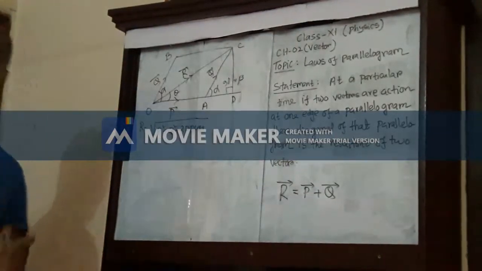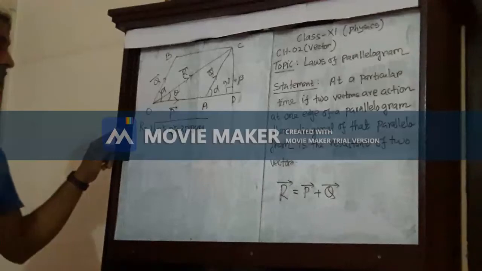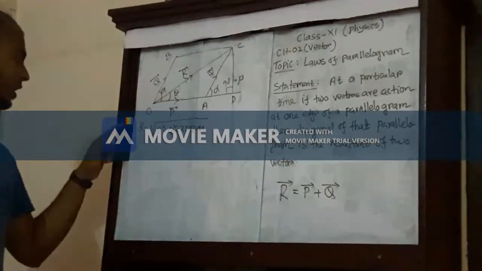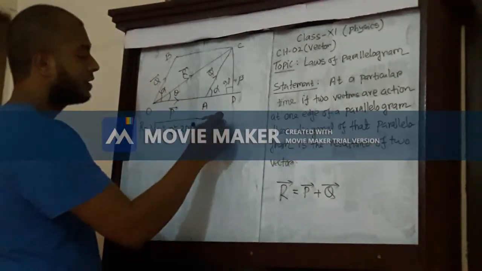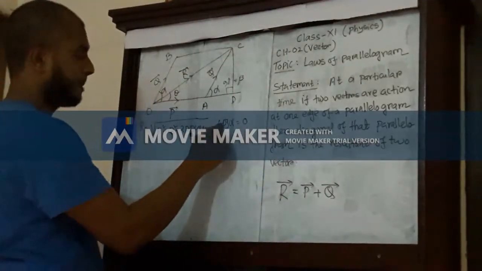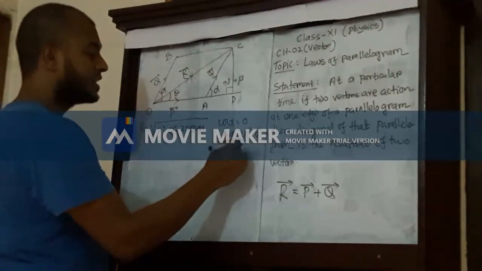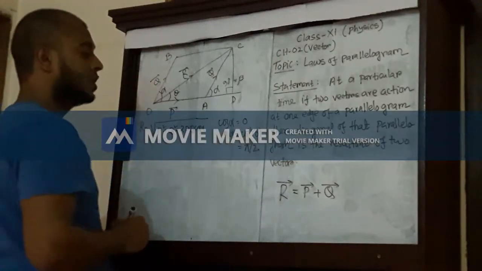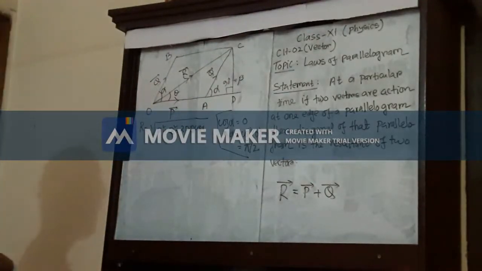So the maximum and minimum values depend on the resultant vector R. Okay? So here the minimum value of this cos alpha equals 0. For which case alpha will equal cos inverse 0. That's why 90 degree. So at 90 degree, what? When P and Q are acting at an angle of 90 degree, then the resultant vector becomes minimum.